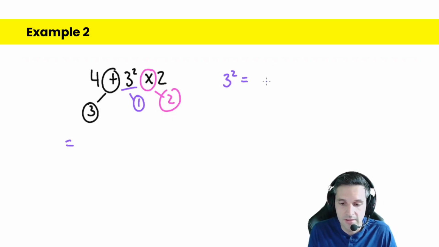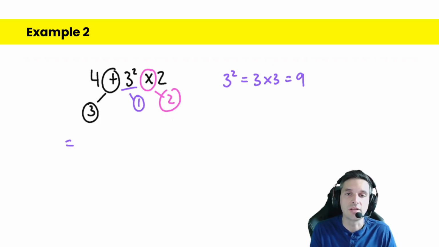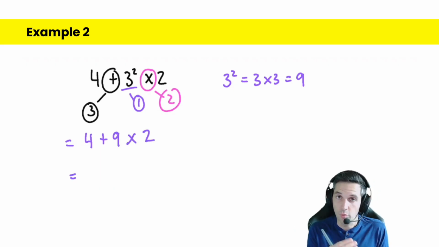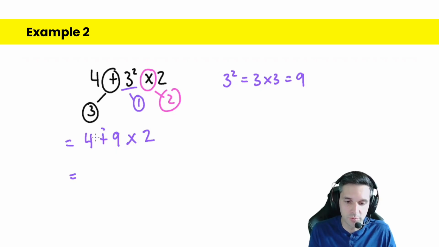3 squared is the same as 3 times 3, which is 9. So I'm going to leave everything alone. I'm only going to do that exponent. So I go 4 plus 3 squared, which is 9, and then I have this multiplication by 2. Now you reevaluate again. Go back to your order of operations. We have multiplication and we have addition.